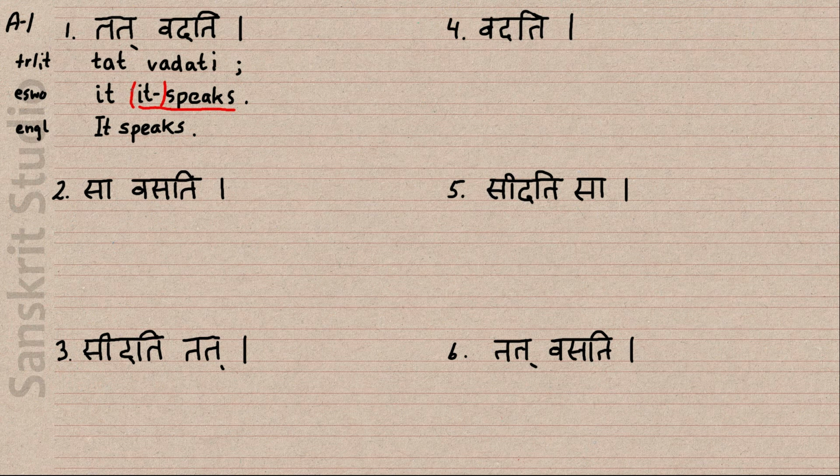So in this case, vadati, it clarifies that the implicit subject is it. So we can say that it clarifies our understanding of what vadati means in this particular circumstance.